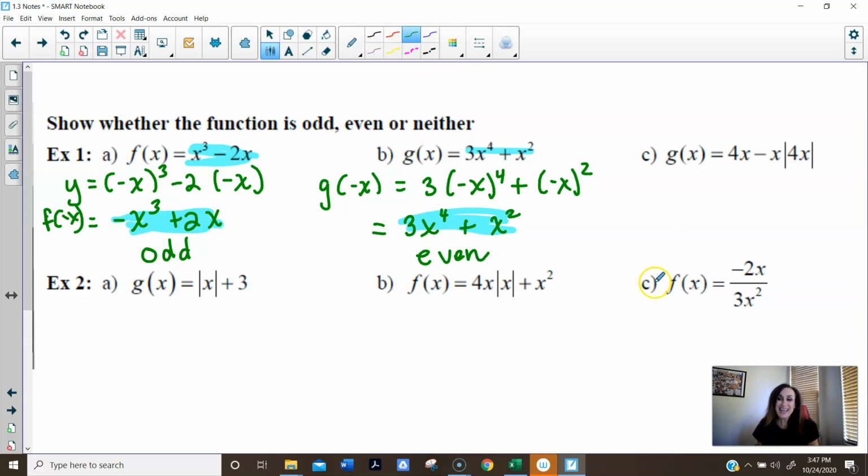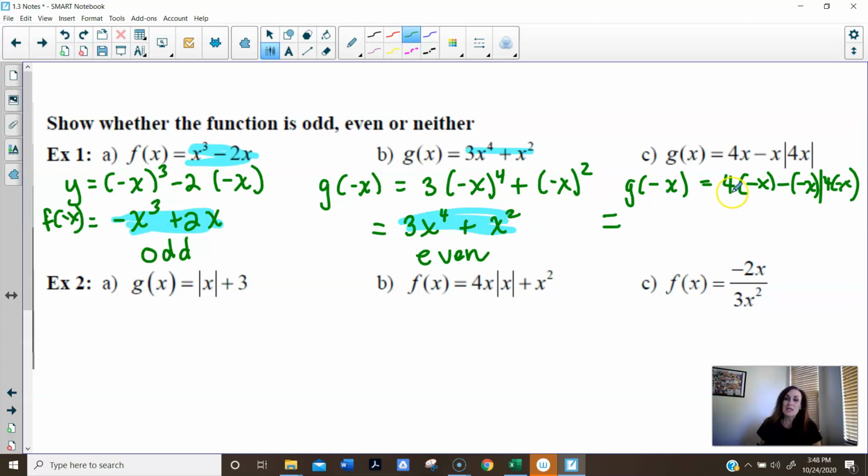All right, let's look at C. So for C, I'm going to take g of the opposite of x, which is going to equal 4 times the opposite of x, subtract the opposite of x, ooh, I'm out of room, absolute value of 4 times the opposite of x. So 4 times a negative x, and that's why I just keep saying opposite, because if x were a negative number, then it would be positive.